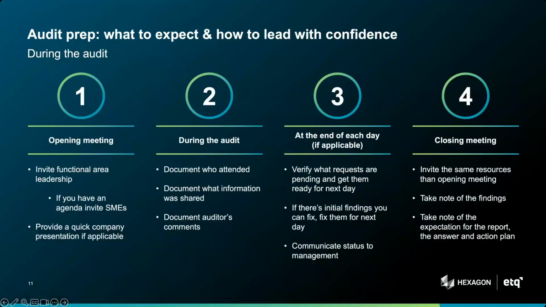Generally, you would also want the leadership there, so it shows the auditor that management is involved in your quality management system and takes quality very seriously. If it's the first time for the auditor to come, or if any significant changes happened, you might want to provide a quick company presentation as part of this opening meeting.